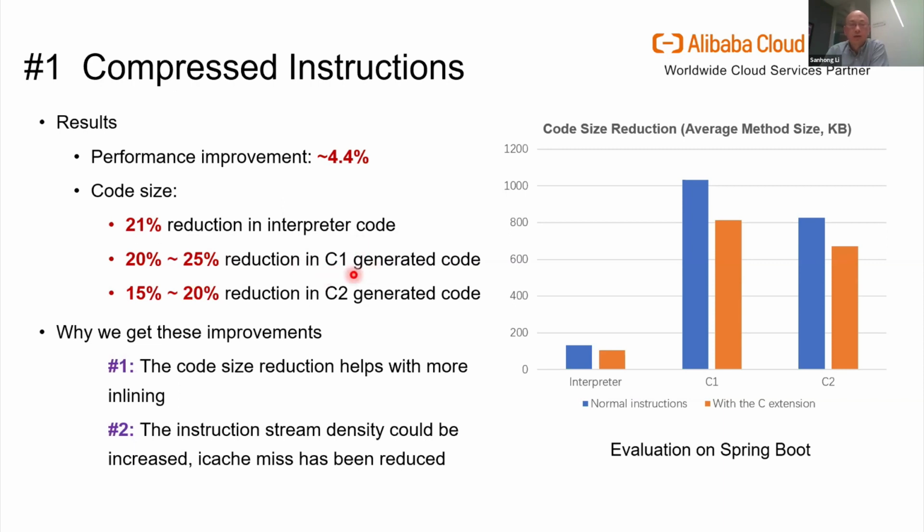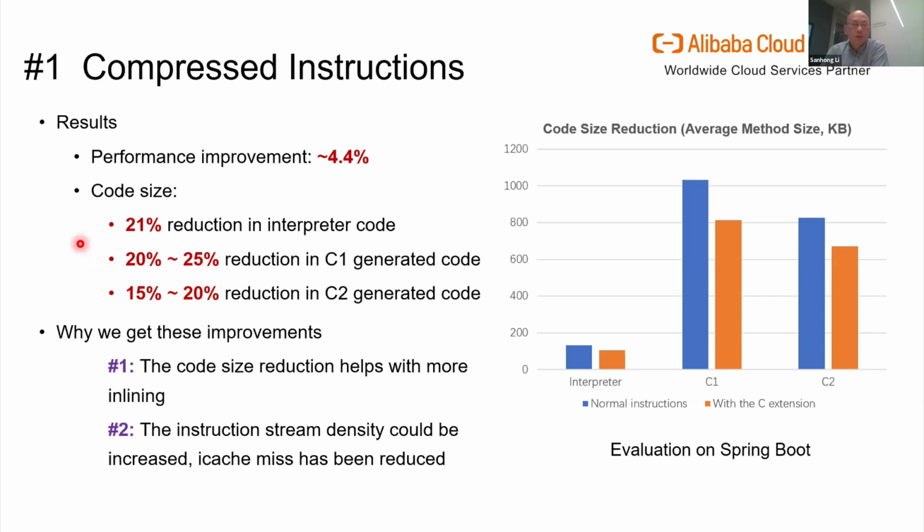C1 and C2 are two different JIT compilers in HotSpot. It reduces the code size by 20%, which is very good, especially for a platform like RISC-V, where the code size footprint is more important, I think.